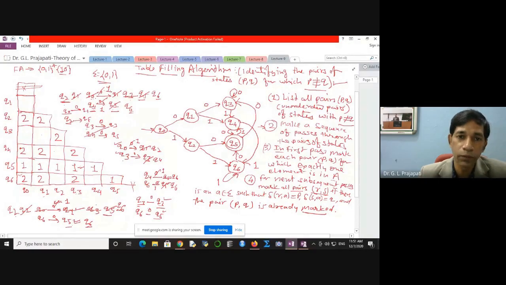So go for the third pass like this, and then consider again one by one. Consider the pair Q2 and Q6.